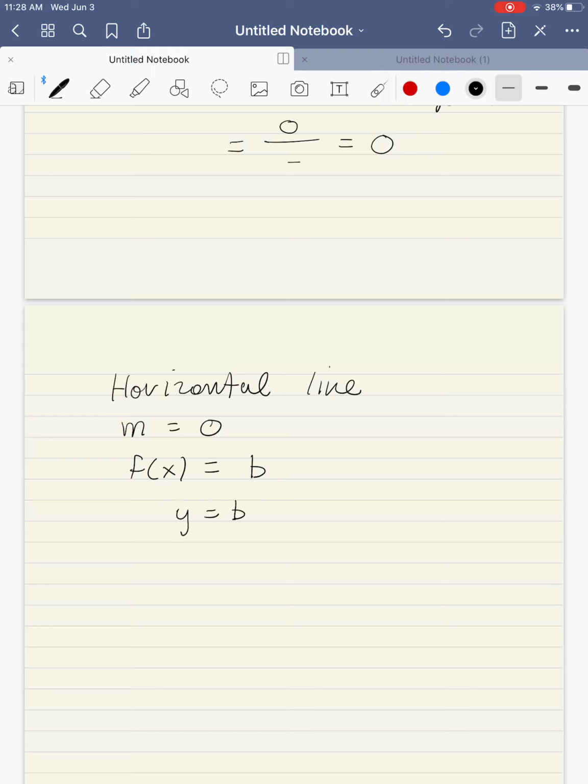So this is f of x equals b, or y equals b. And this b is the same b that we have from y equals mx plus b. And notice that if I put my 0 in for m, I get 0 times x plus b, which of course is just y equals b.